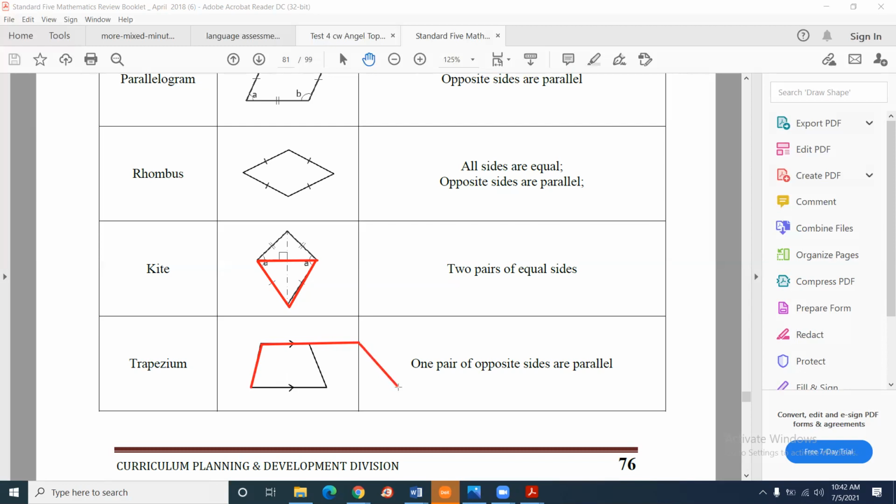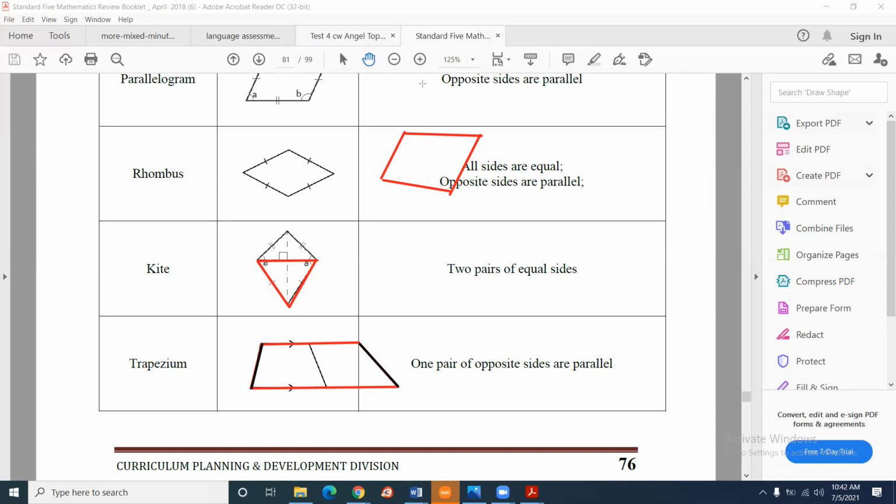And it's not like the parallelogram, because in the parallelogram, the slants are in the same direction. So this is the slant for the parallelogram. They are in the same direction. But when you look at the slants on the trapezium, this slanted line here slants that way, but this one slants in the opposite direction.